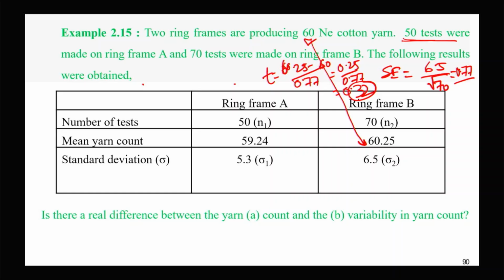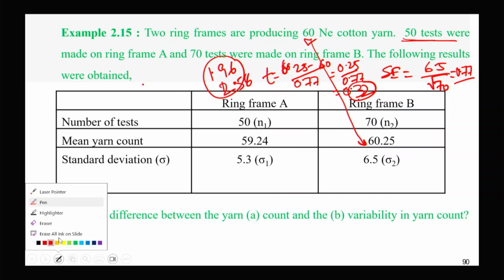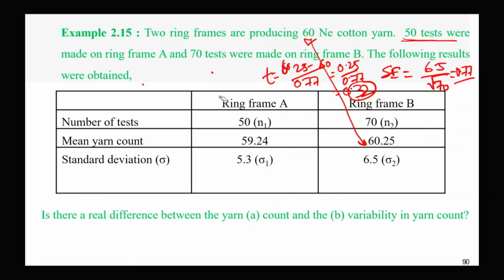So 0.32 is definitely less than the table value of 1.96 or 2.58. So we are also happy with the fact that we are producing perfect yarn without any significant difference.